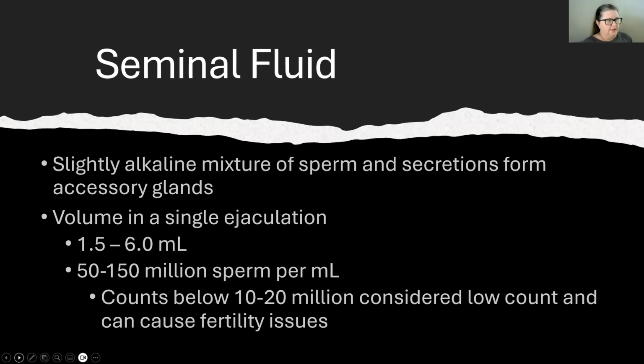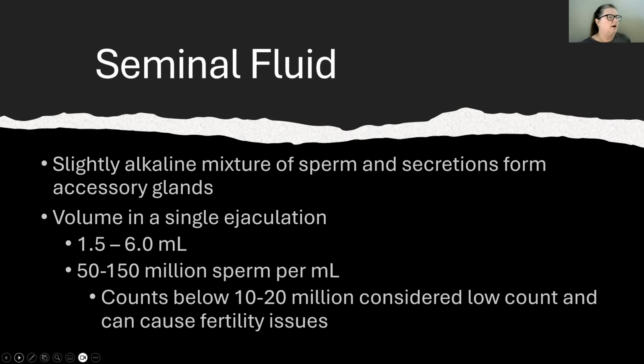So seminal fluid, which is the fluids that come from the seminal vesicles, that come from the prostate, that come from the Cowper's glands, all mixed together, is an alkaline mixture of the sperm and all the secretions from those accessory glands.